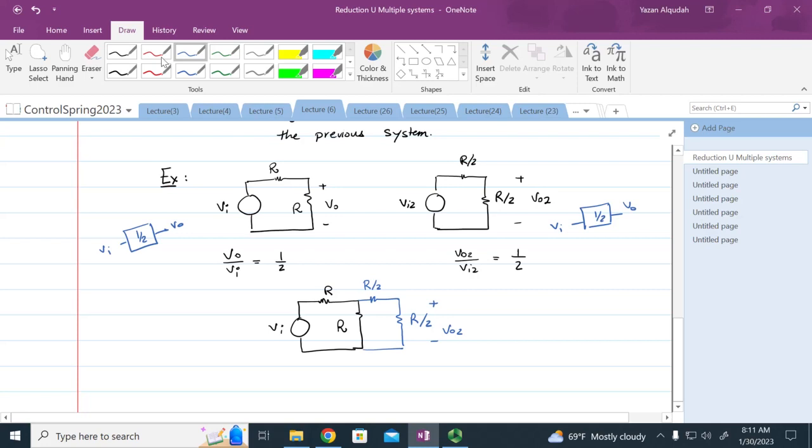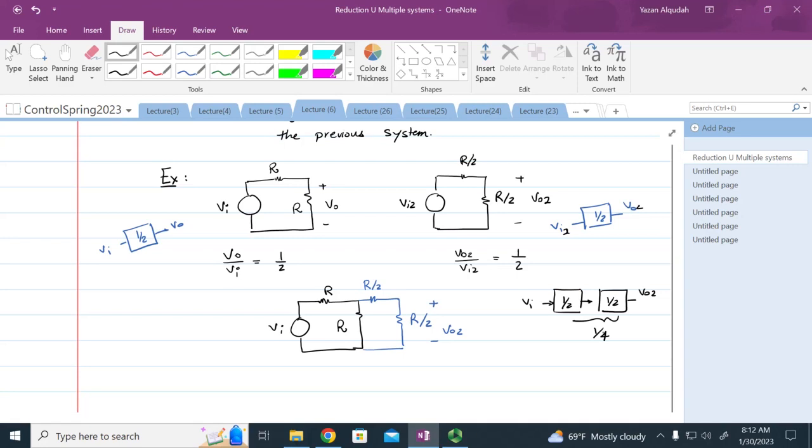Now if I take these together, somebody is going to say, okay, combine them together, this is 1/2, this is 1/2, therefore V output 2 over V input is going to be 1/4. Make sense? But this is not correct.